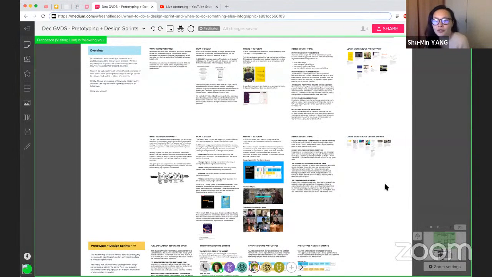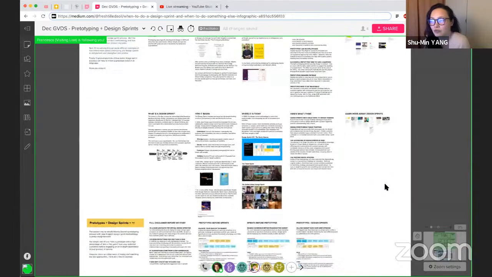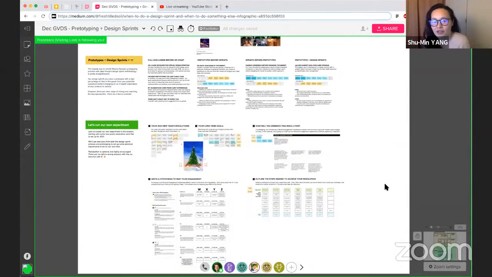Compared to yesterday, because I was not really familiar with prototyping, today we added in some design sprint stuff. So I'm more familiar, and it's really informative, and also I think it's really a fun way to do this kind of exercise.